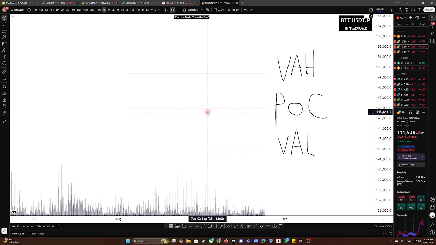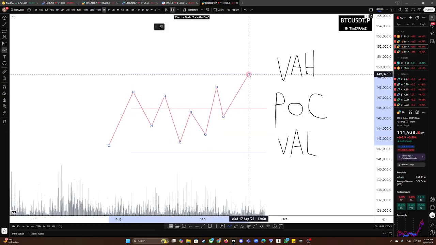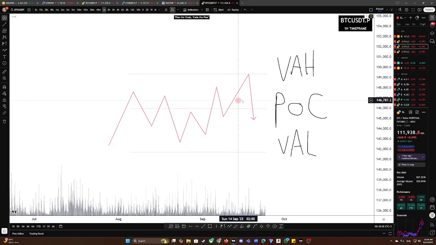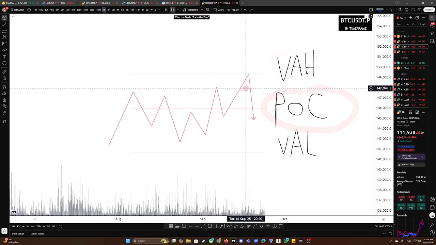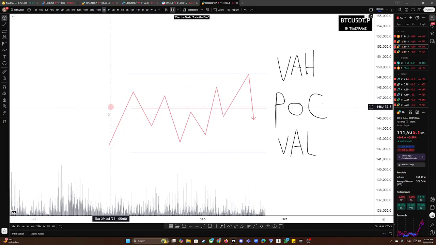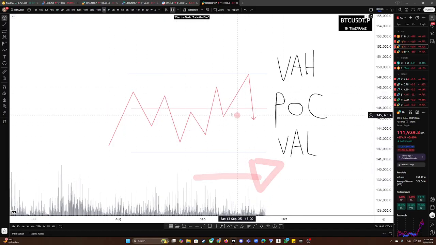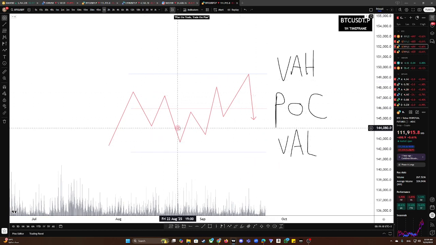Of course, this is very helpful when you have a range. If price is ranging inside a range, then the value area low, the POC and the value area high can help you in entering trades and being able to determine where price is heading. Because as you know, inside a range, price is moving sideways, and they act as support and resistance where you can enter trades from.